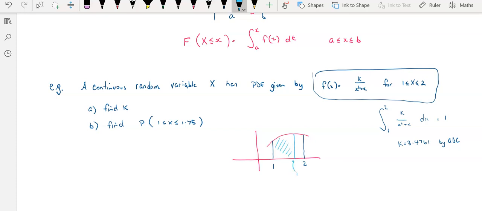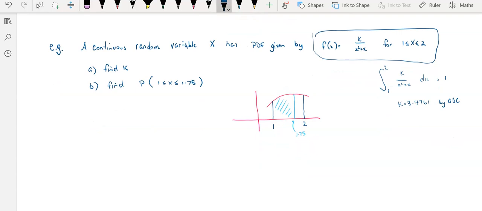What I'm going to do is bring in my cumulative distribution function and find out what this area in here is. To calculate that area, it's simply a matter of saying that this area is equal to the integral between 1 and 1.75 of 3.4761, whatever k comes to, over x squared plus x dx.